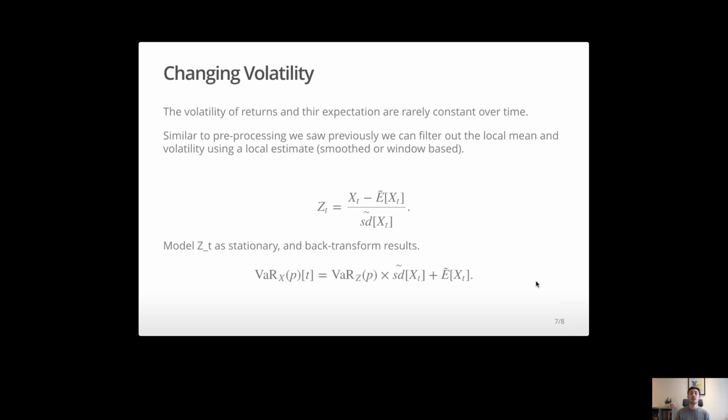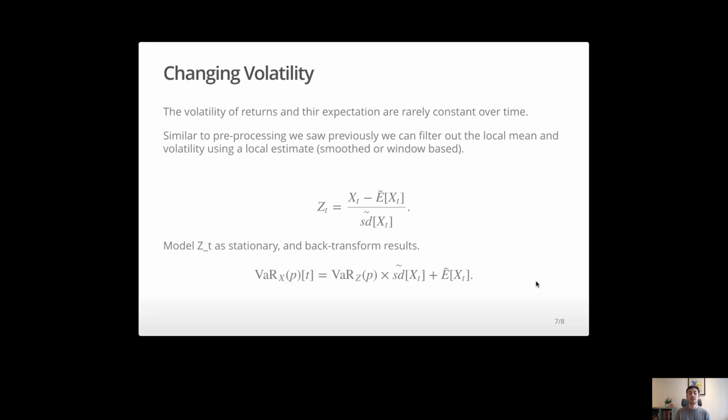What we can do is make a local estimate of the mean level and the volatility of a process, so the variance of each observation, and then we can filter our process in such a way to render our filtered process approximately stationary. So the way we do this is using a smoothed or window-based estimator to get an idea of the local value of our mean and variance.